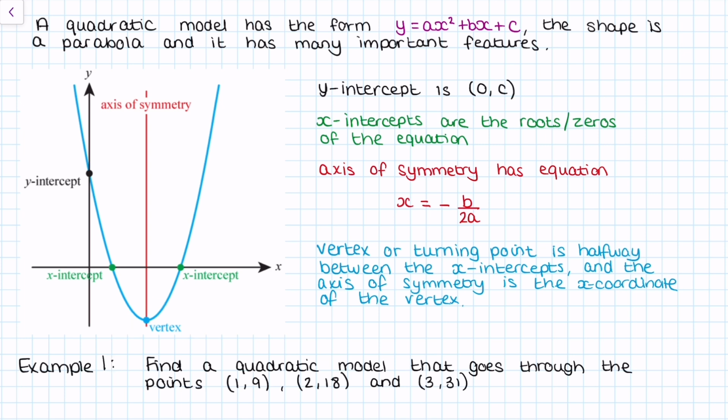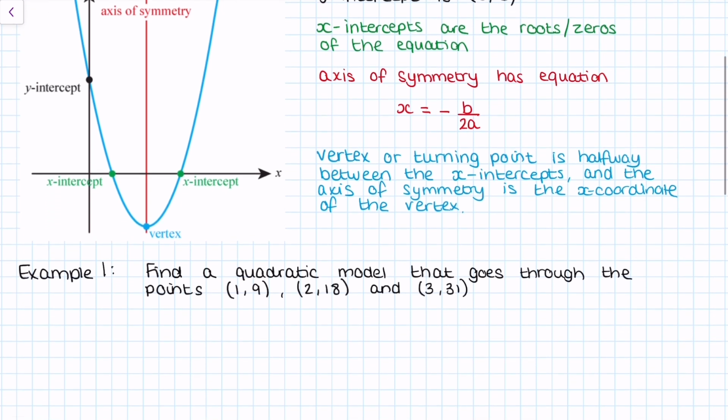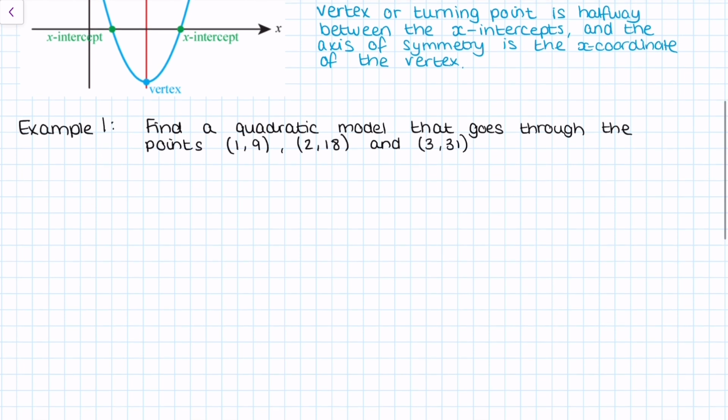So our first example: find a quadratic model that goes through the points (1, 9), (2, 18) and (3, 31). So when we have something like this, we're going to create a series of equations, one for each point.